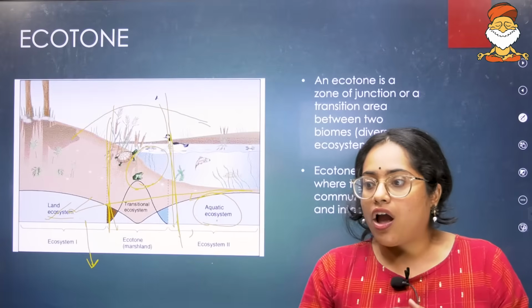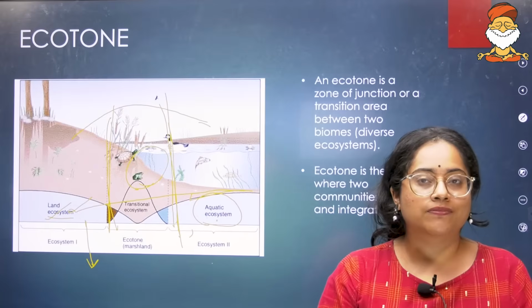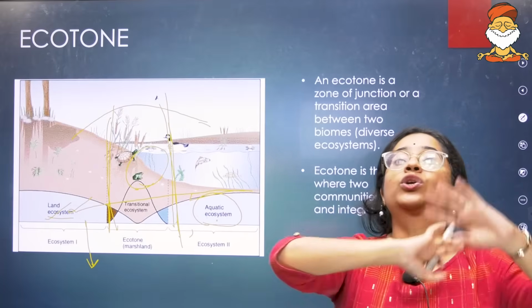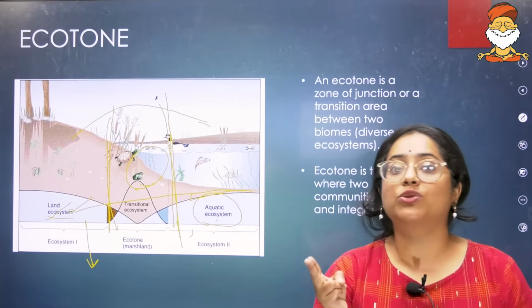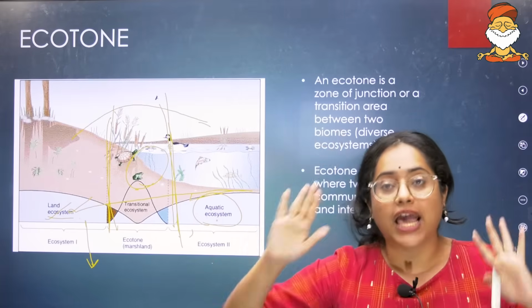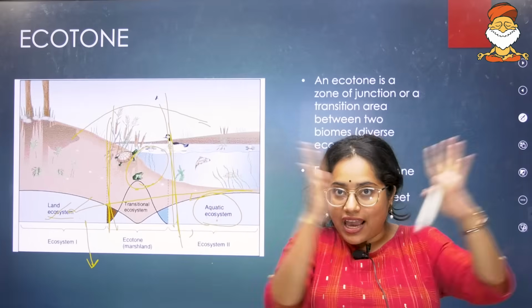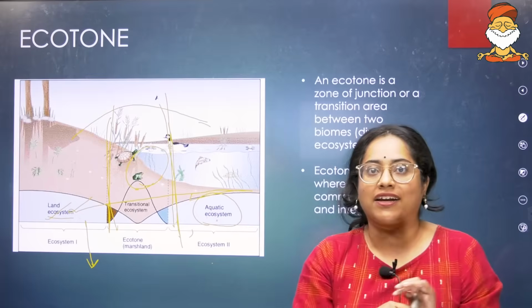Now, here, what are the important things you've noticed? One is land, one is water. These are two diverse ecosystems. We are not taking two ecosystems on land itself. We are talking about two absolutely diverse ecosystems, so diverse that when they are intermixing, we can clearly see the zone in a good manner.